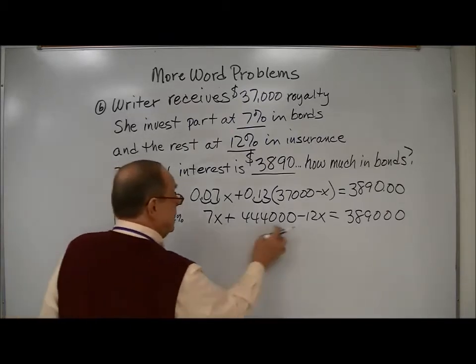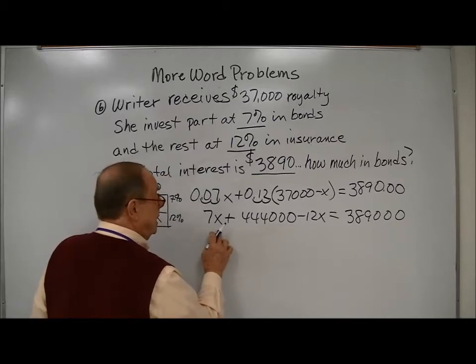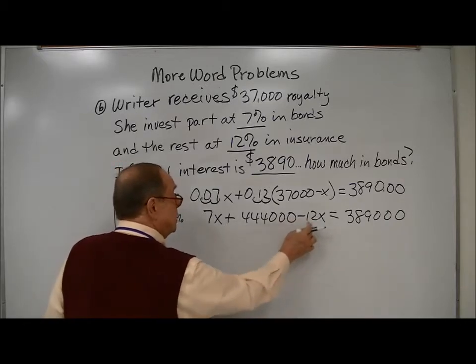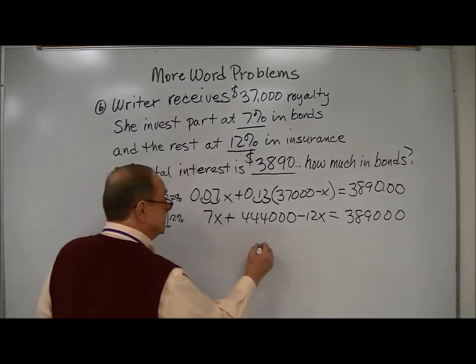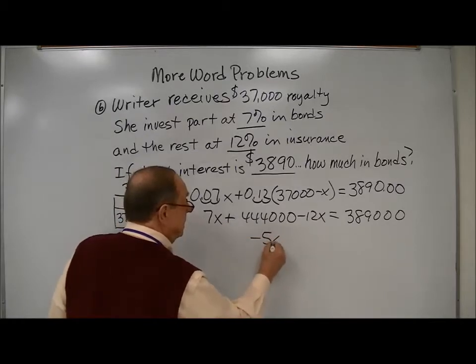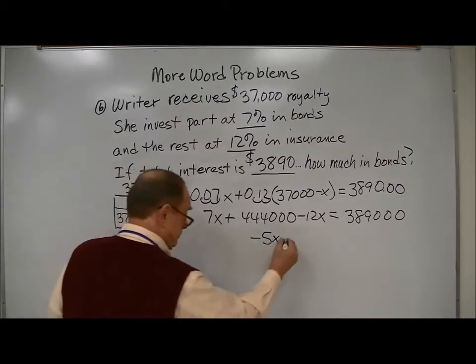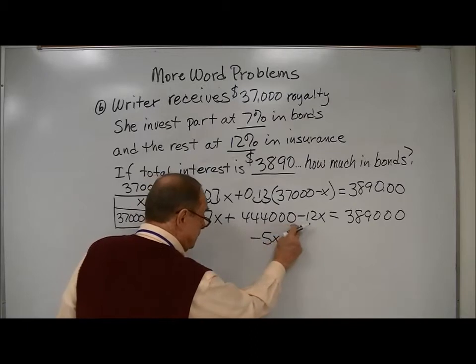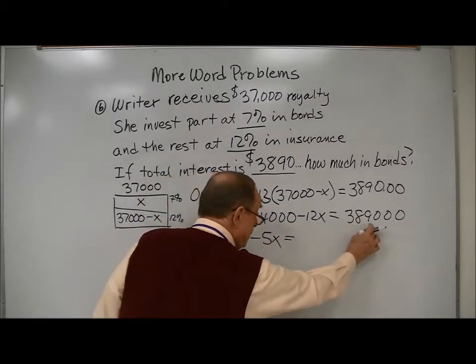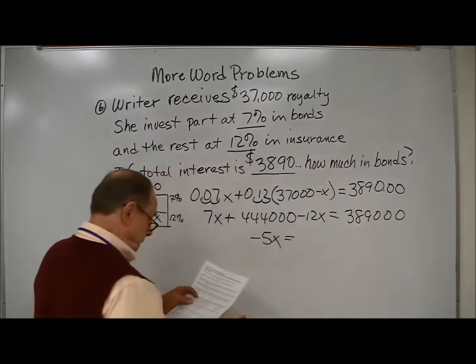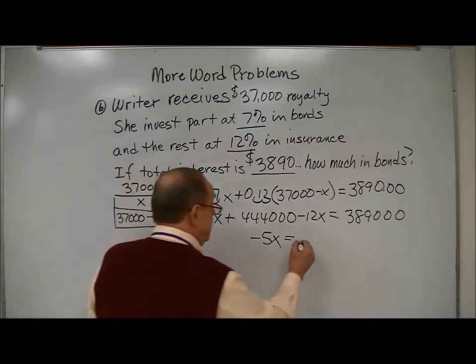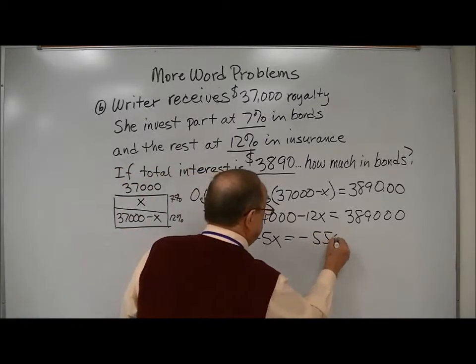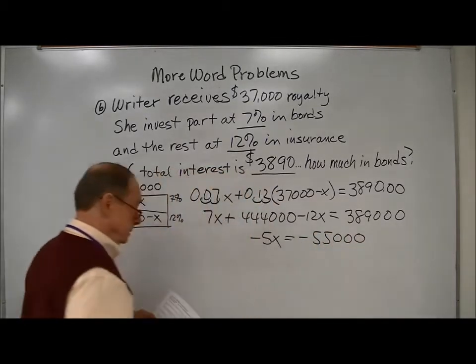So we're going to group our like terms. And we have a negative 12x and a positive 7x. This will leave us with a negative 5x. We're going to subtract this big number from this smaller number. So that'll leave us with a negative 55,000.